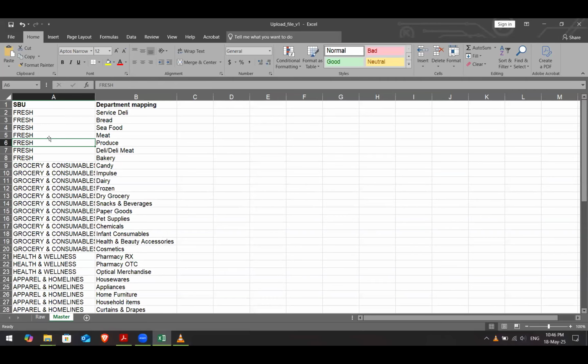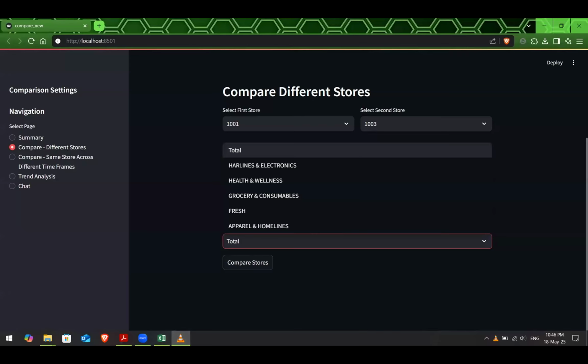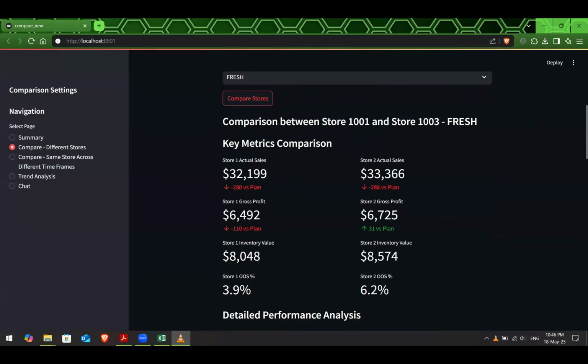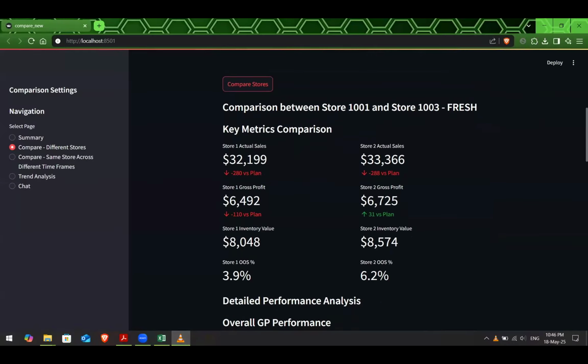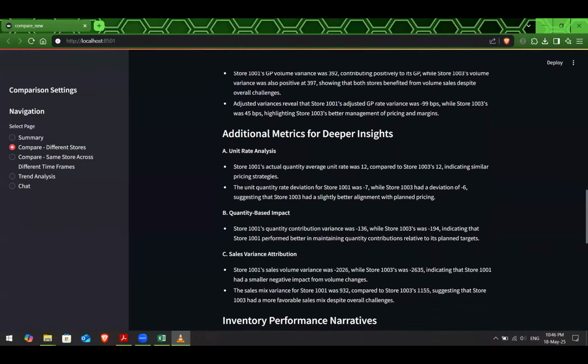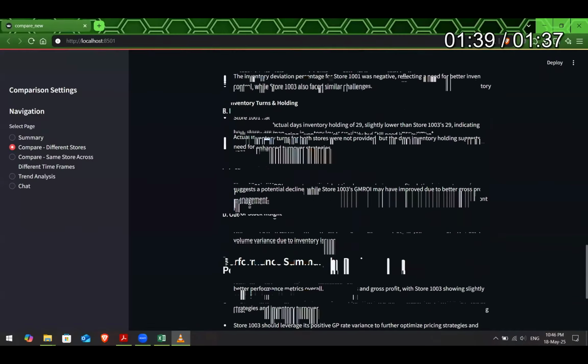We can compare how my fresh category performed, or how my groceries category performed, or my electronics category performed. So we'll be choosing that. And then even here, we'll be giving out the results similar to the executive summary, and comparing the same store across different time frames.